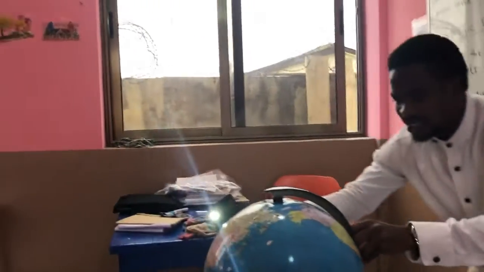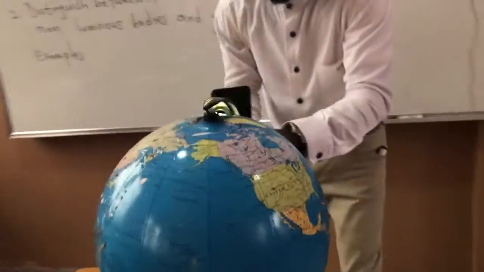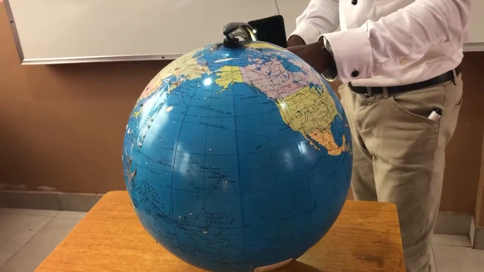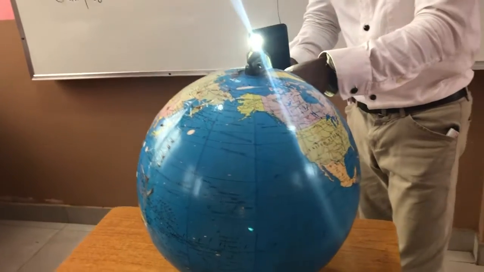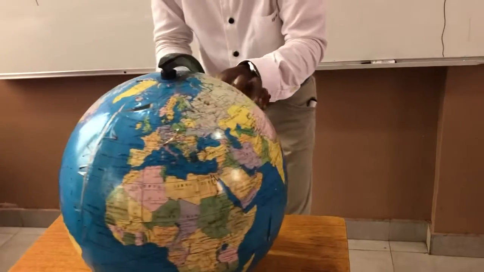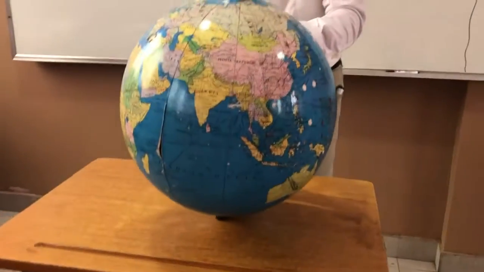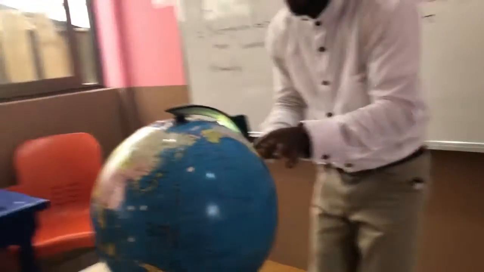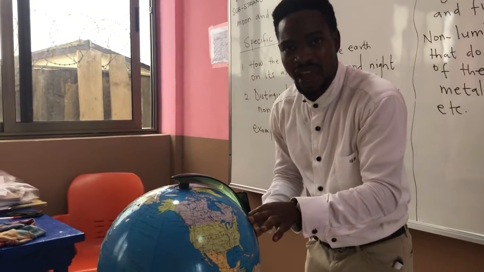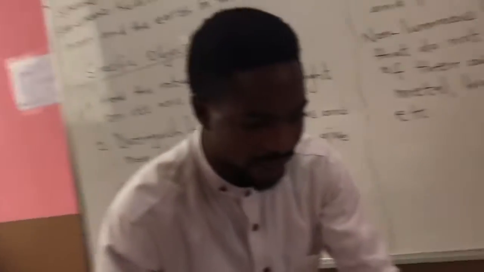As the earth is spinning to the other side, the other part of the earth that does not face the light experiences night. So this is what you call rotation of the earth on its axis. This is called the formation of day and night. I hope you understand.